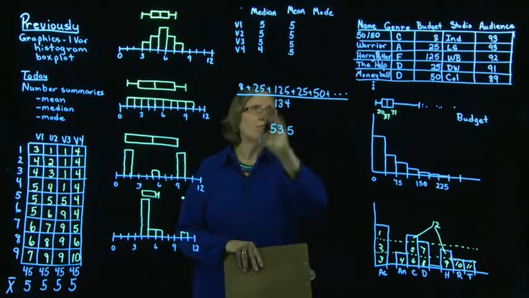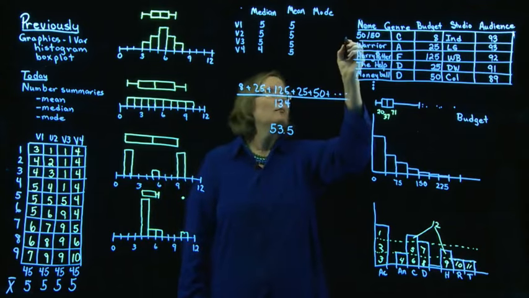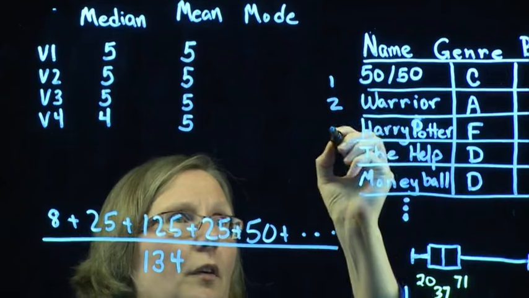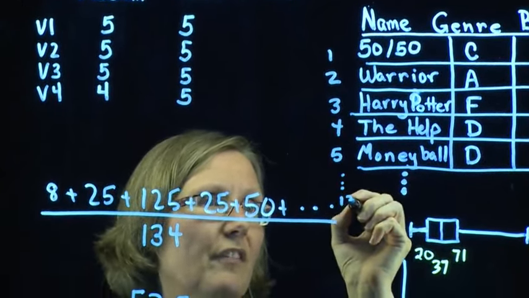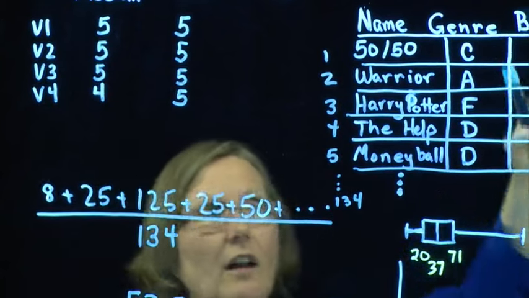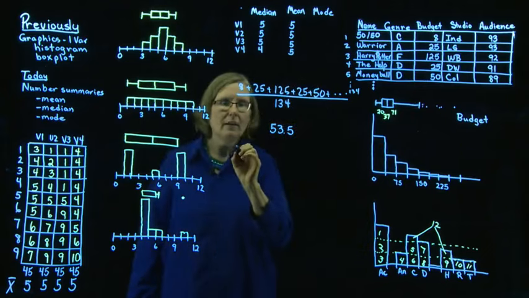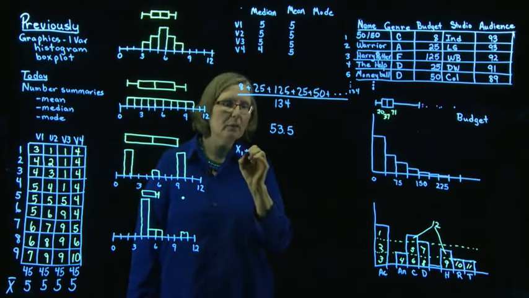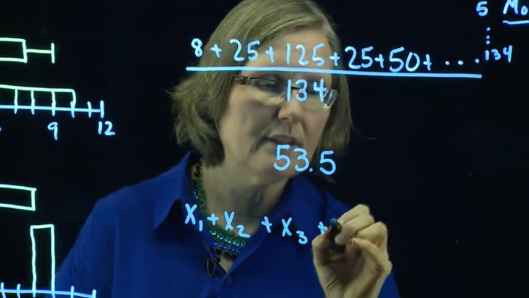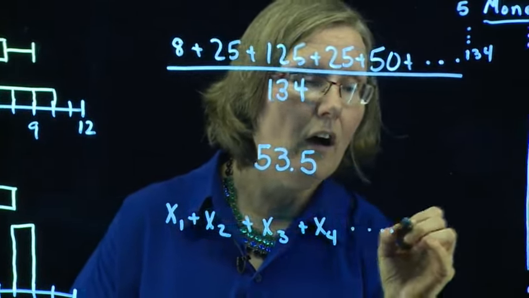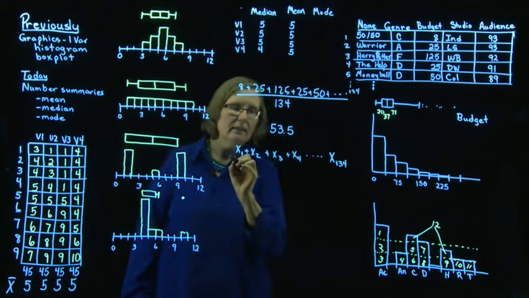I'm going to write this formula a little bit more generically. If we number our observations 1, 2, 3, 4, 5, on down to 134, I'm going to call each of these numbers generically x sub i. So this would be x1 plus x2 plus x3 plus x4 on up to x134.